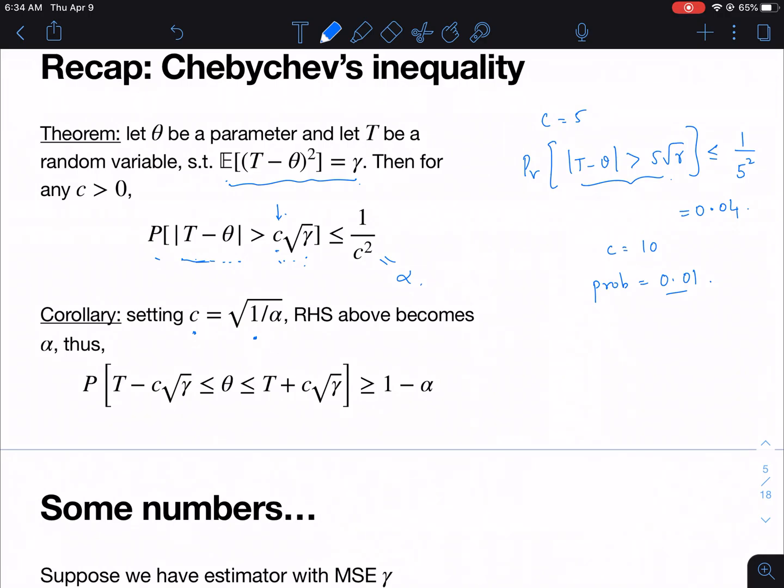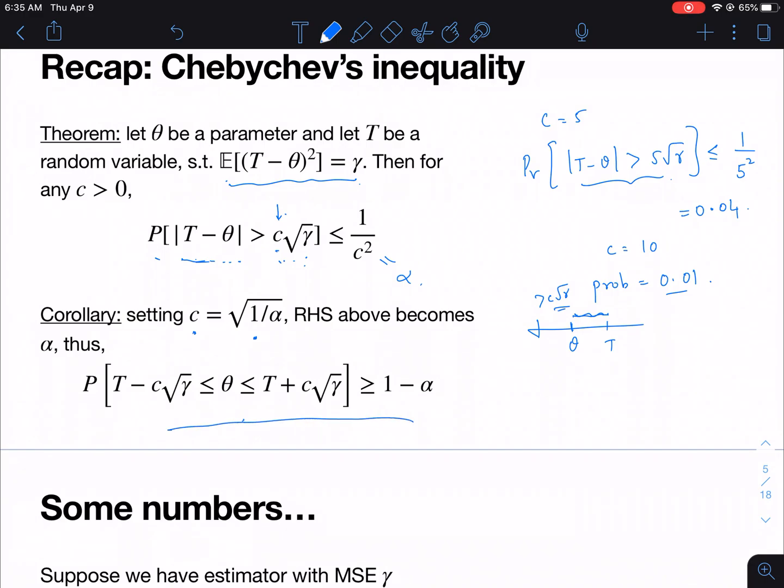If you take the complement of this event, the probability that this distance is less than or equal to c root gamma is quite large. That's what I wrote over here.